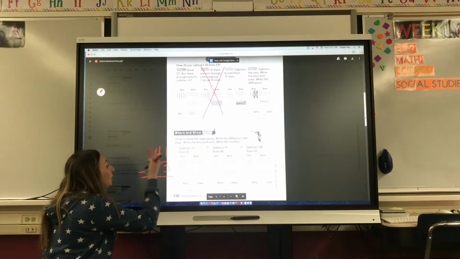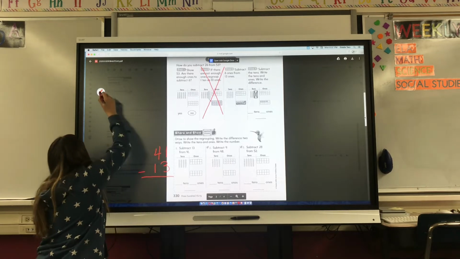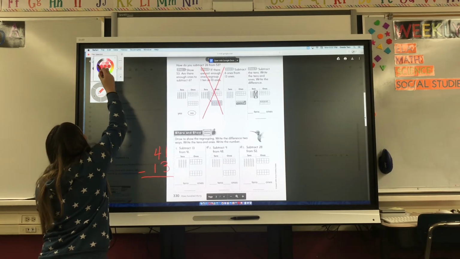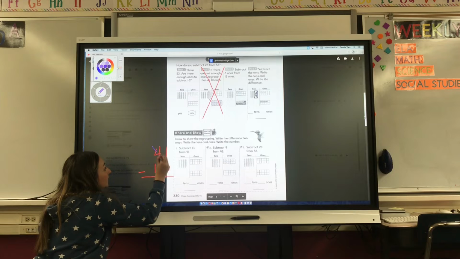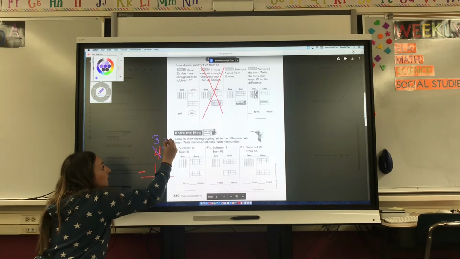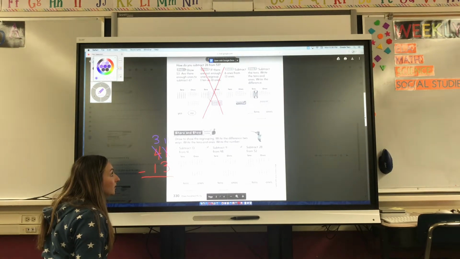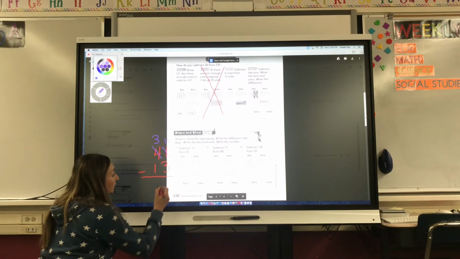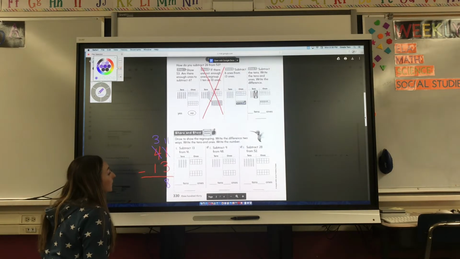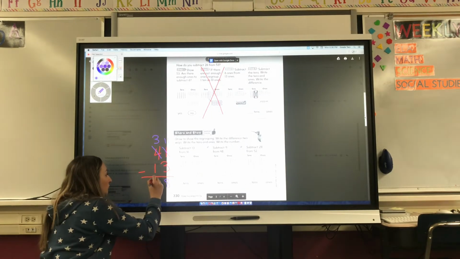No, so we have to borrow a 10 from our 4. So, I'll do it in purple. So I got to cross out my 4 and this turns into a 3. Cross out my 1 and this turns into 11, right? Okay, so 11 minus 3 is 8. So we know we have 8 ones. Okay, and then 3 minus 1 is 2.